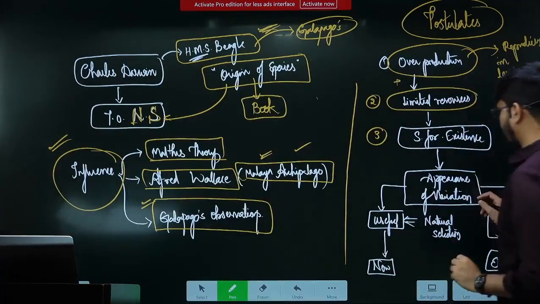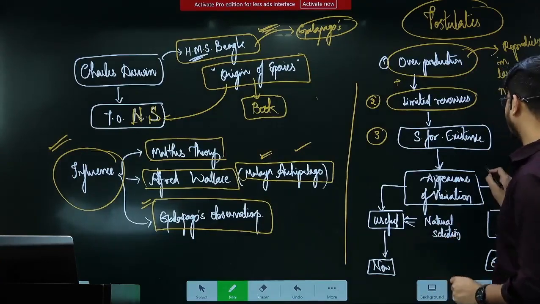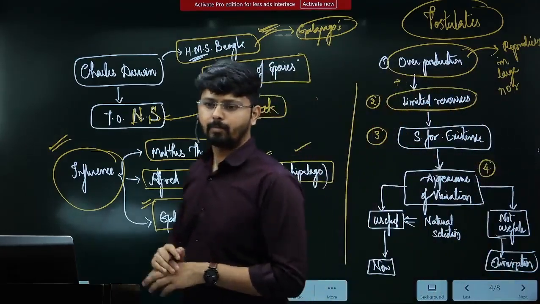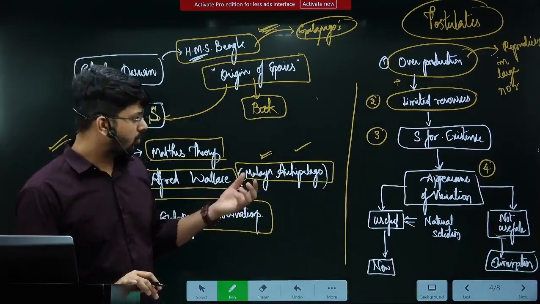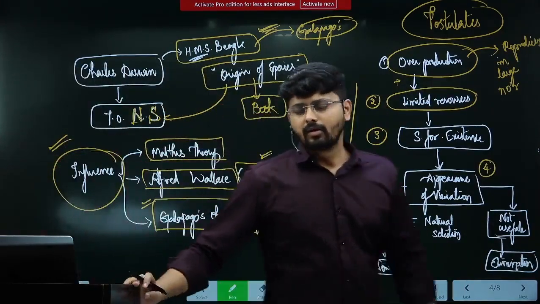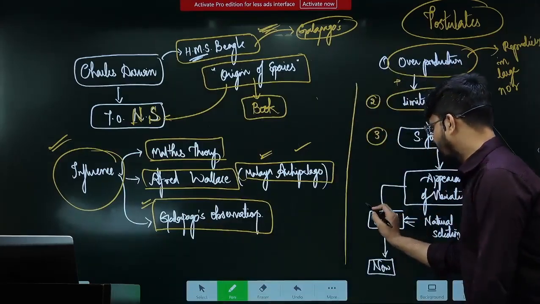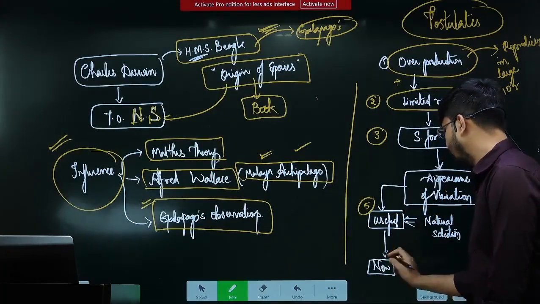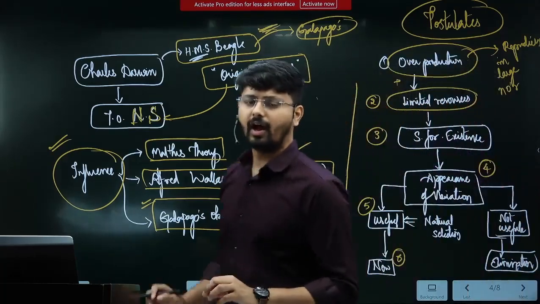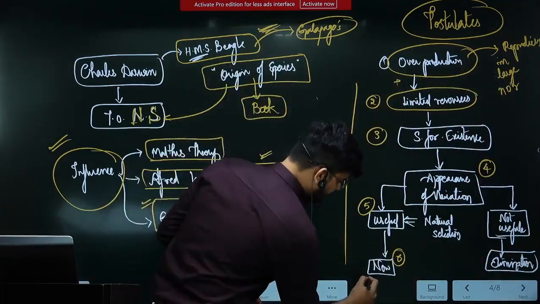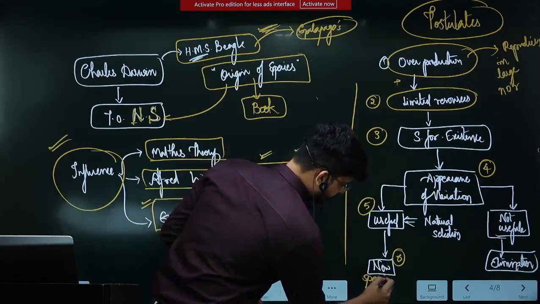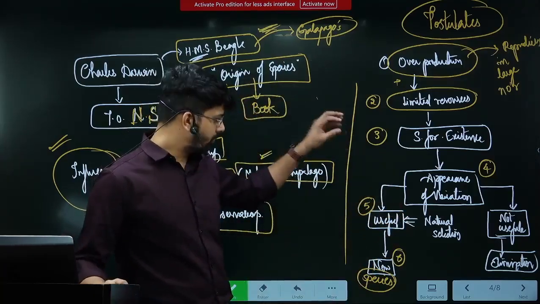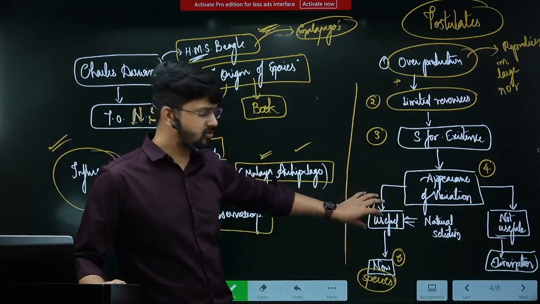Since there is struggle for existence, there will be the appearance of variation, some change will come. If this change is useful, then it is inherited by the next generation and gives rise to new species. This useful variation is known as mutation.